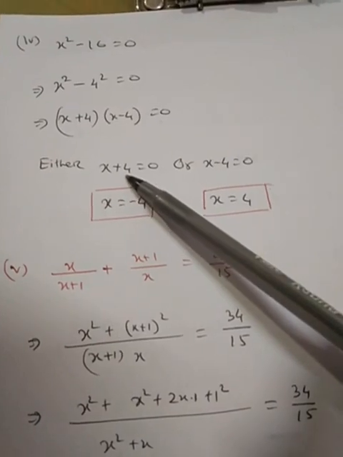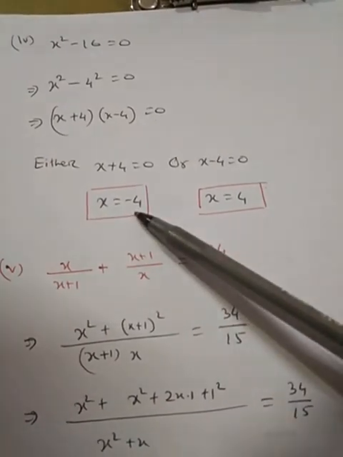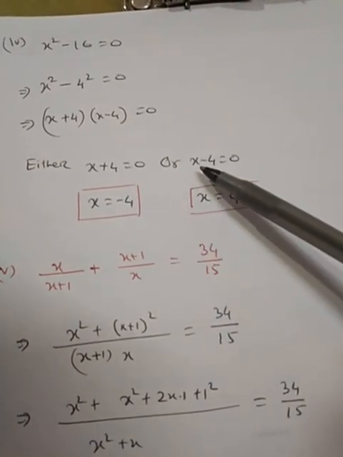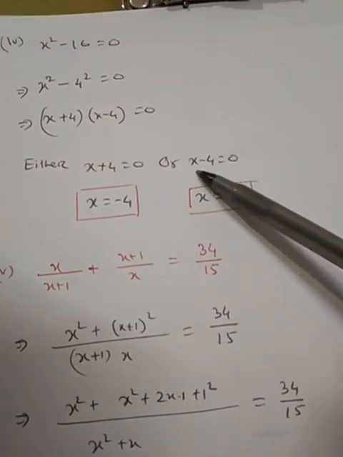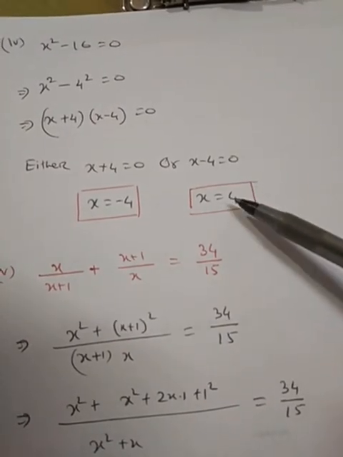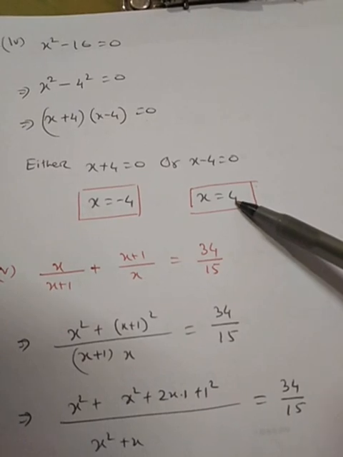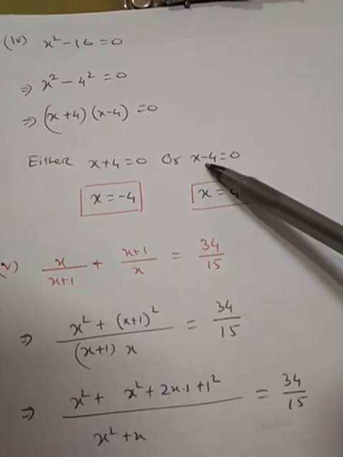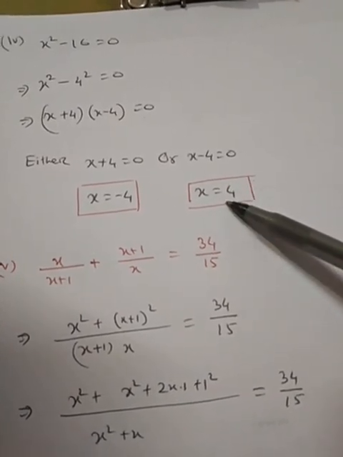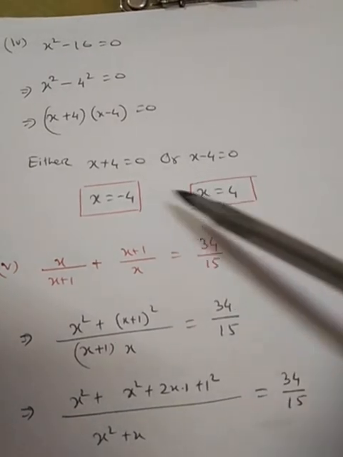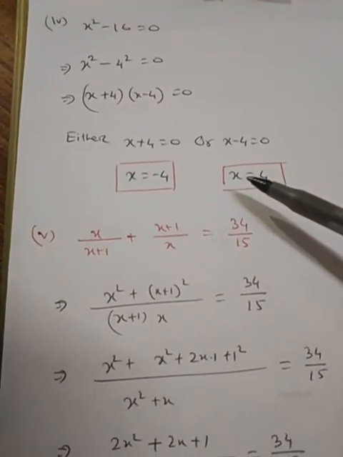Then from the first, x plus 4 equals 0, we get x equals minus 4, and from the second, x minus 4 equals 0, you can get x equals 4. This is minus 4, so here on the right side this will become plus 4. So these are the two answers.